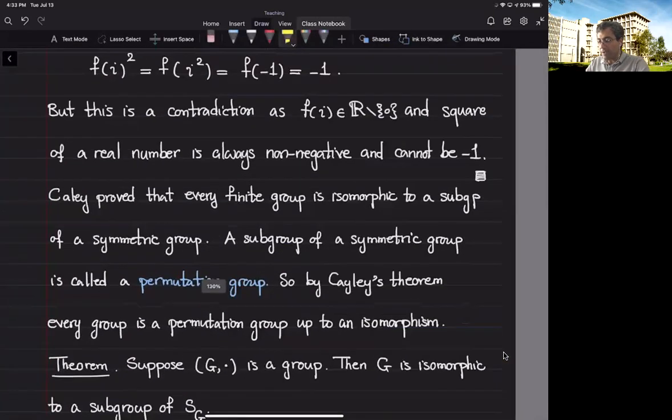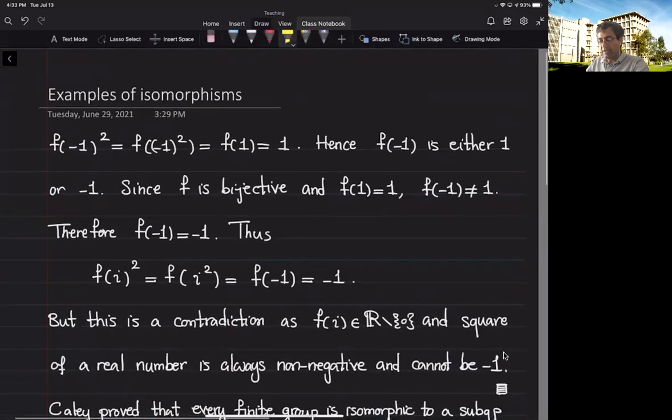Now, f of (-1) squared is f of, I can bring the squaring inside because f is a group homomorphism, and that is f of 1, and f of 1 is 1. So f of -1 squared is supposed to be 1, and it's a real number. The only real number whose square is 1 is either 1 or -1. So f of -1 is either 1 or -1.